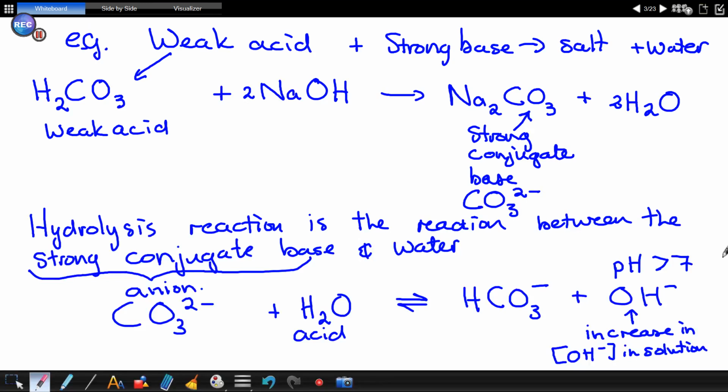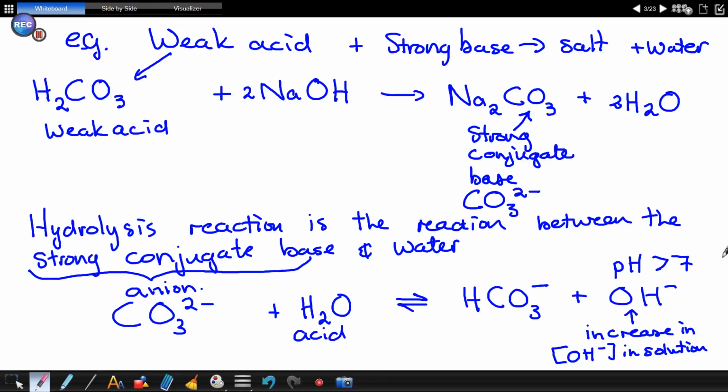And then you need to know as well which indicators would be suitable for the neutralization reactions. When we did oxalic acid and sodium hydroxide last term, we didn't choose litmus as an indicator.